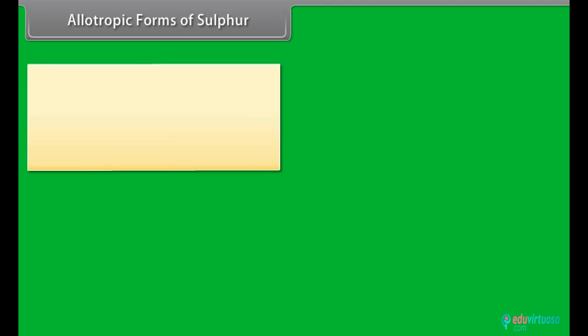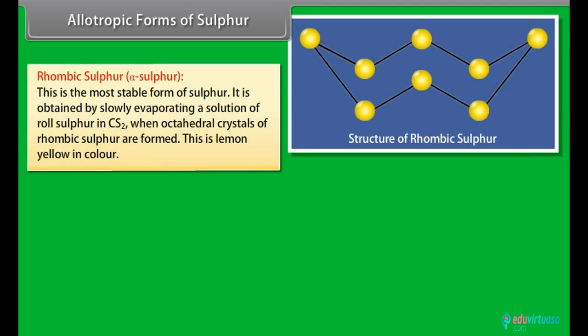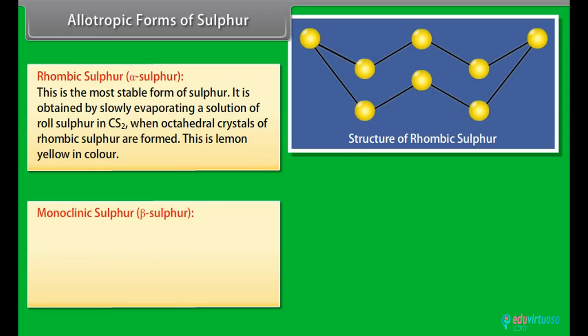Allotropic forms of sulfur. Rhombic sulfur. This is the most stable form of sulfur. It is obtained by slowly evaporating a solution of roll sulfur in CS2, when octahedral crystals of rhombic sulfur are formed. This is lemon yellow in color. Monoclinic sulfur.